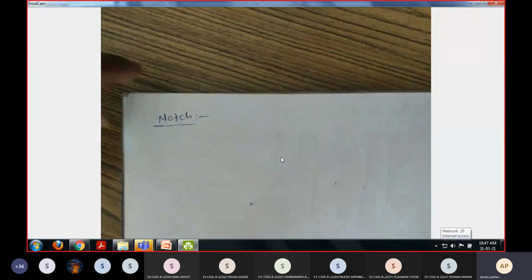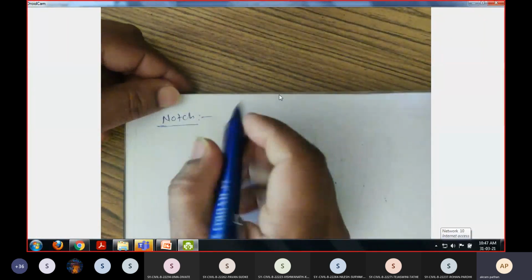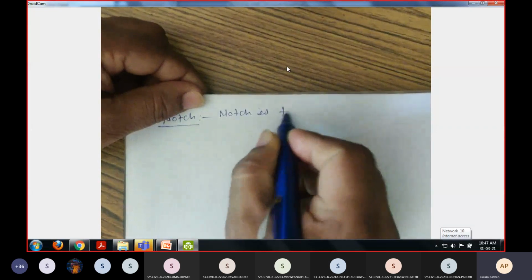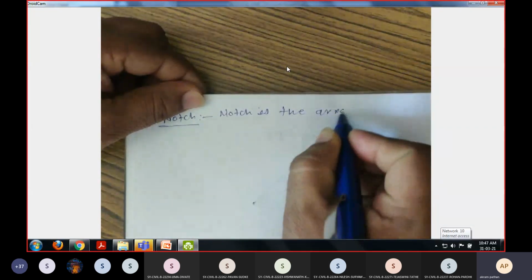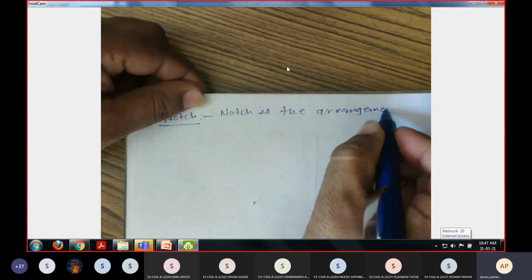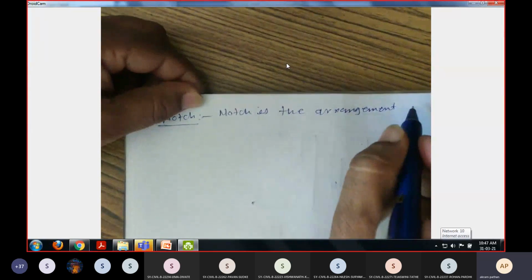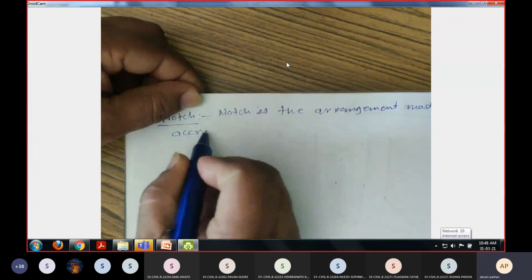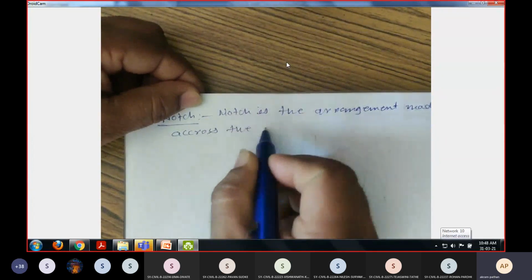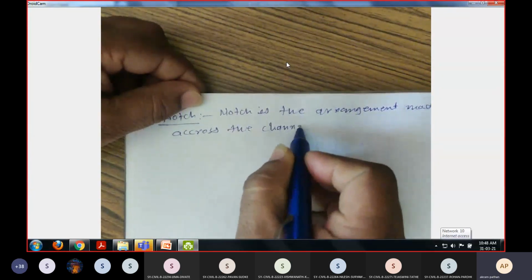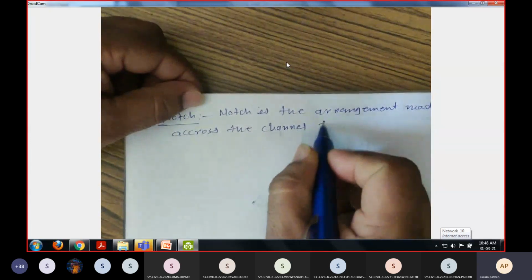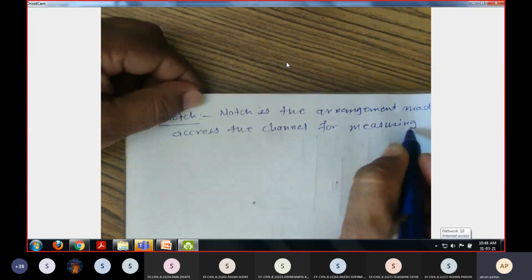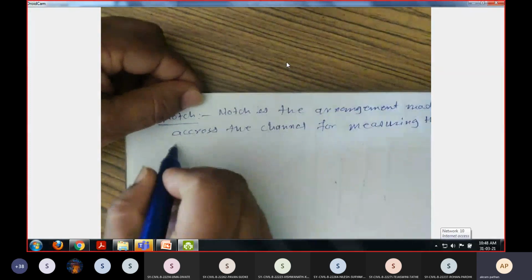How can we measure it? A notch is the arrangement made across the channel for measuring the discharge.